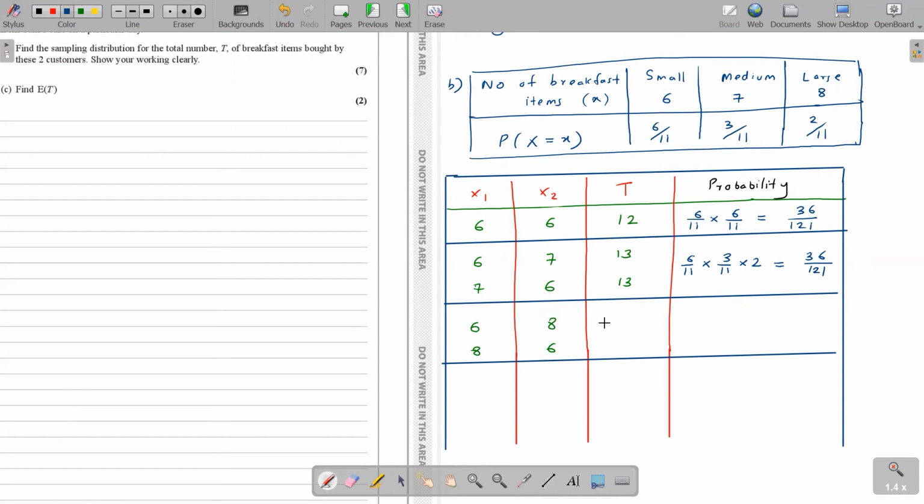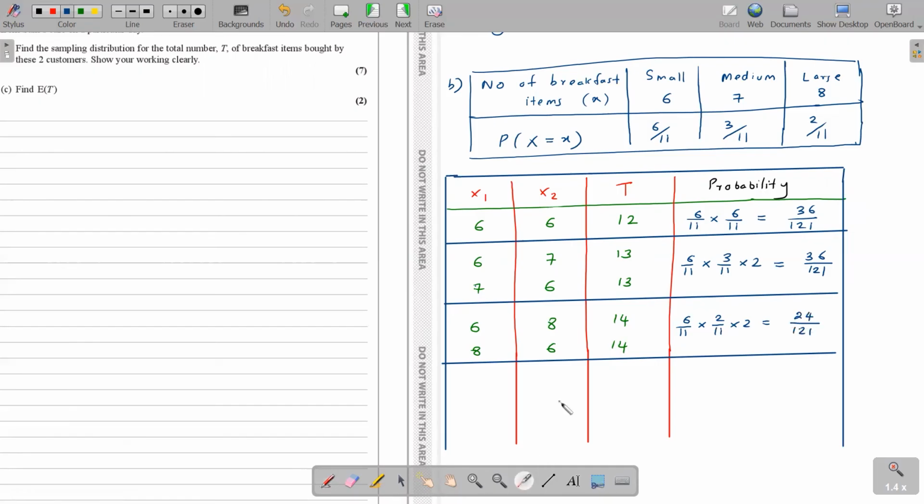What's the total of 6 and 8? 14. So both of these paths give me a total of 14. Get the probability. 6 is 6 over 11. 8 is 2 over 11. And then there are 2 such paths, which is how much? 24 over 121.